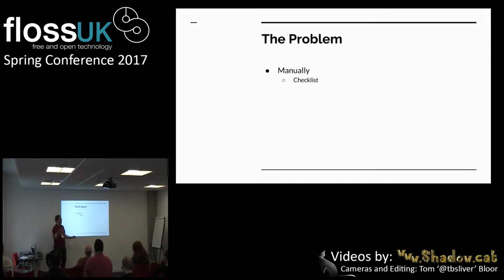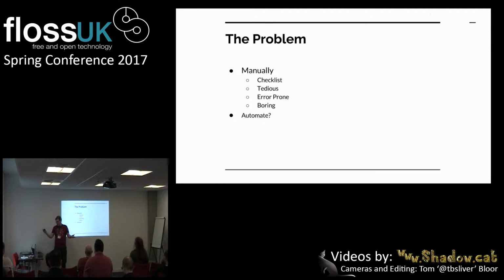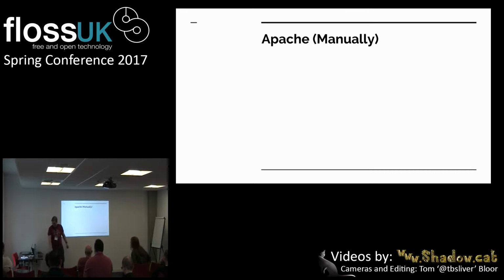You know, make a checklist of all the bits you do, but this gets tedious and you're prone to errors, and you can also miss steps. Automating something like this would be great. However, can you be sure that everything is going to work together with Apache at the front end or Postgres at the back end? So, first we'll go over spinning up an Apache process completely manually in a folder.